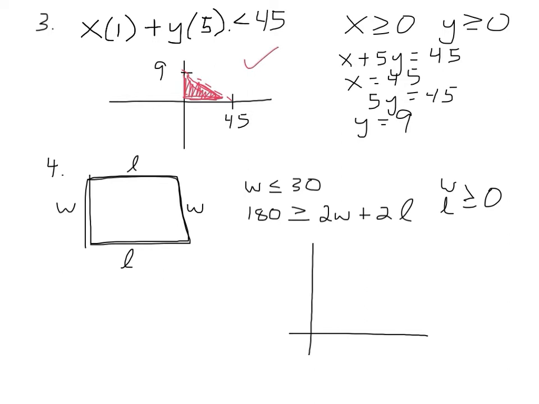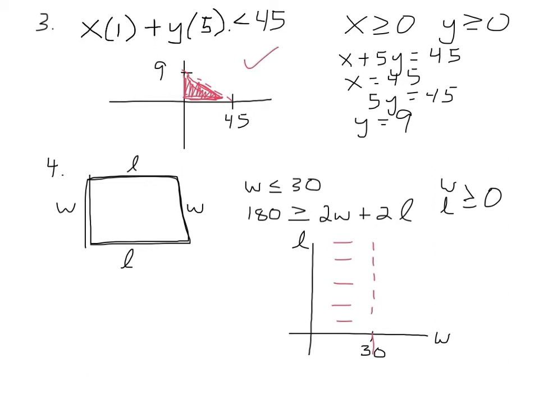So I made my graph for the first quadrant. I'll make this axis W, I'll make this axis the length. W is less than or equal to 30. So I'm just going to put 30 here. Don't make 30 little tick marks. And then that's going to be a vertical line. And it must be less than that, so it's going to be in this area here. The other one, 180 equals 2W plus 2L.